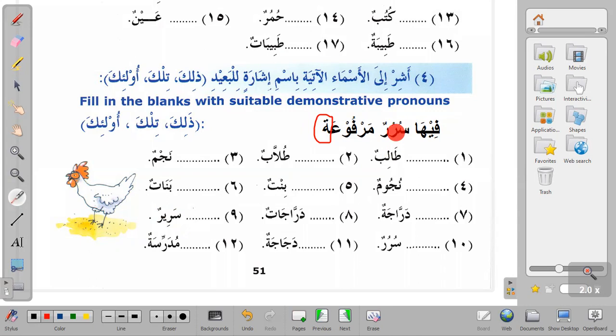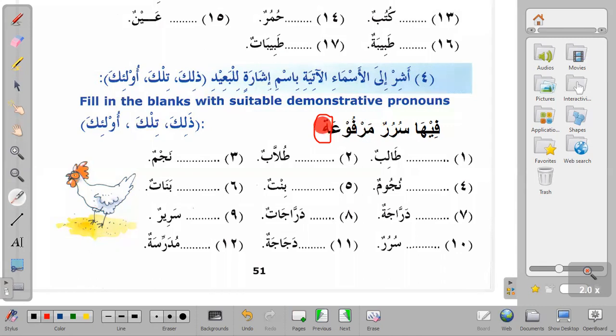I hope that is clear. This is not really an adjective, but for a shallow understanding it is similar to an adjective. It is something we call ism maf'ul, but as we haven't done it, the closest thing from what we have done is an adjective.